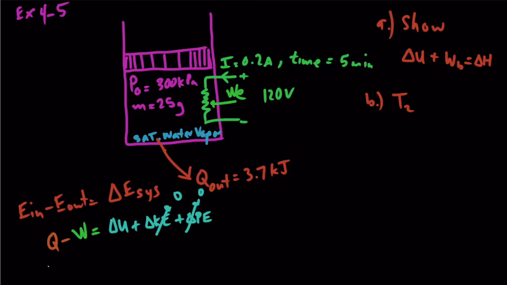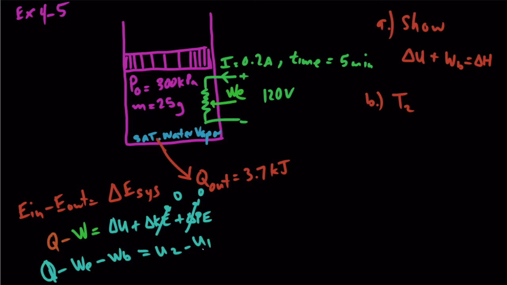Now let's go ahead and partition W. Remember we had Q minus W, where W is composed of work electric and work of the boundary, and that is equal to the change in U, which is U2 minus U1.